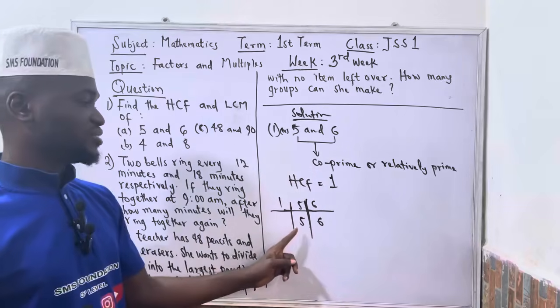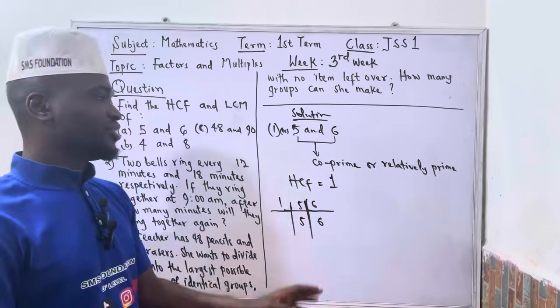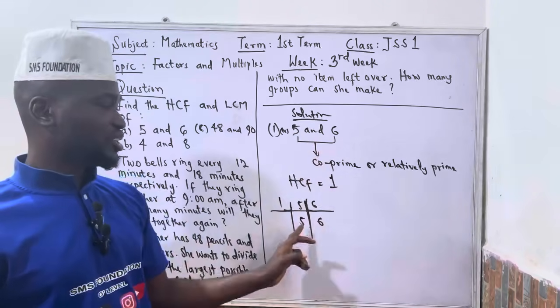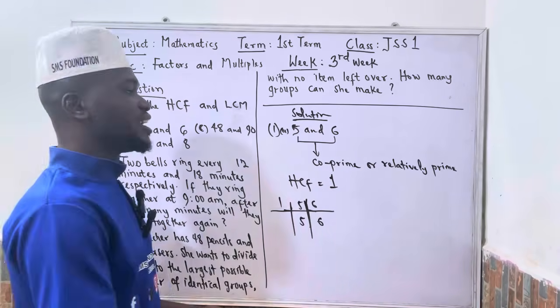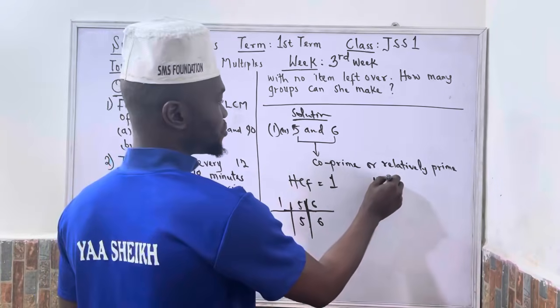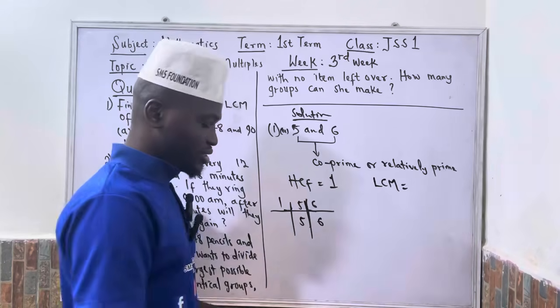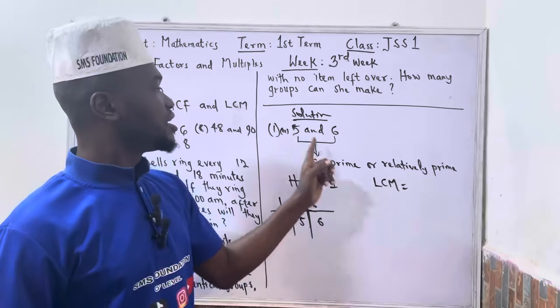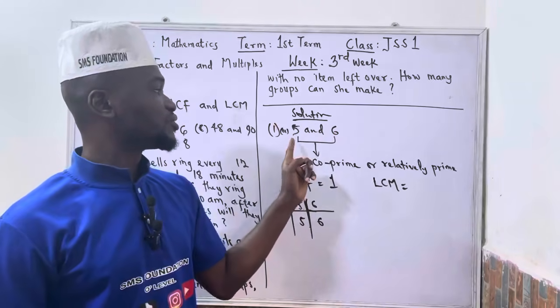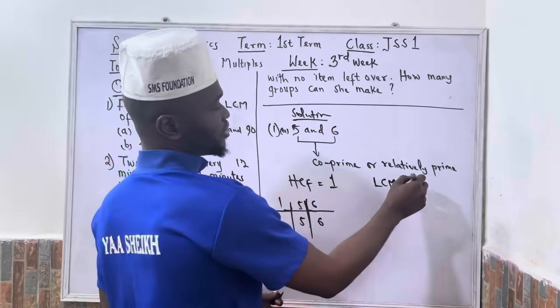So no need of wasting time trying to find HCF in this case. HCF will always be 1. And then the LCM too. Since the HCF is 1, anytime HCF is 1, LCM will just be the two numbers multiplied together. That's 5 times 6, which will give you 30.